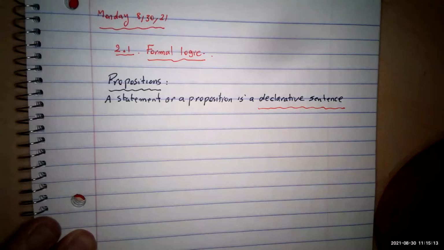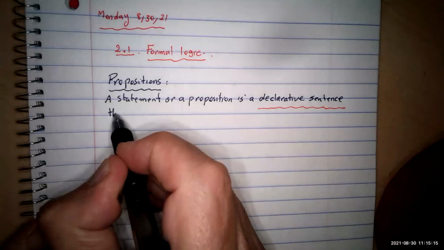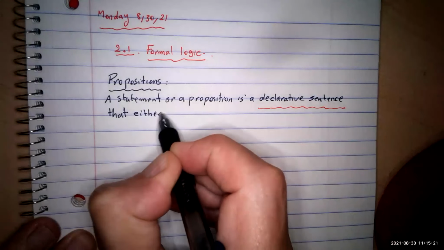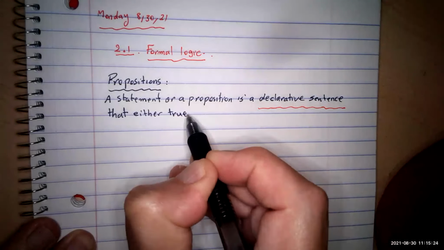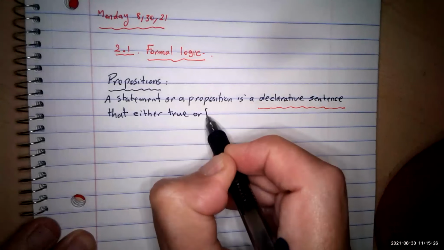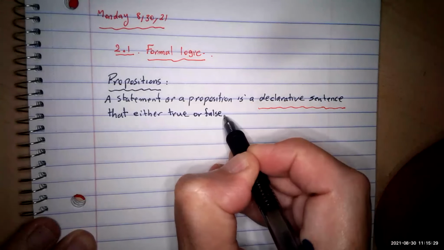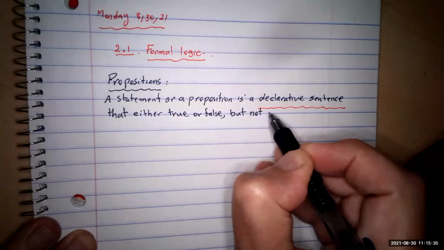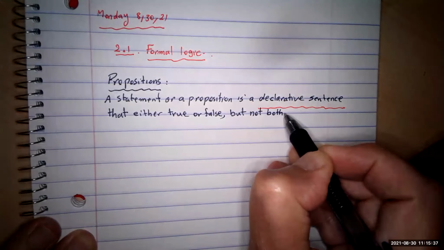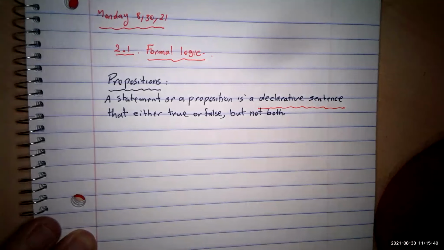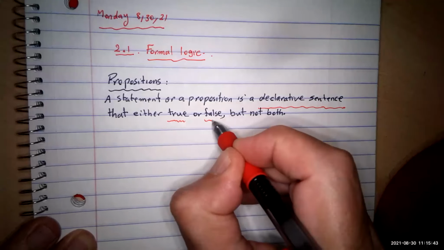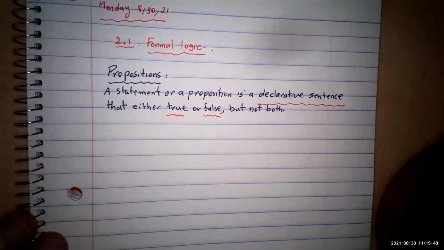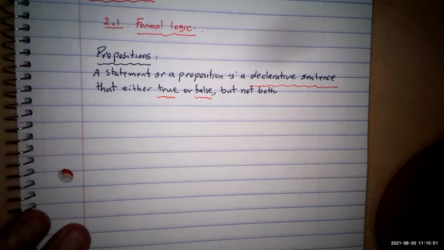It's a declarative sentence that is going to be either true or false, but not both of them. So clearly you should identify whether the statement is true or false. If such a statement is given to you, then we're going to call it a proposition.